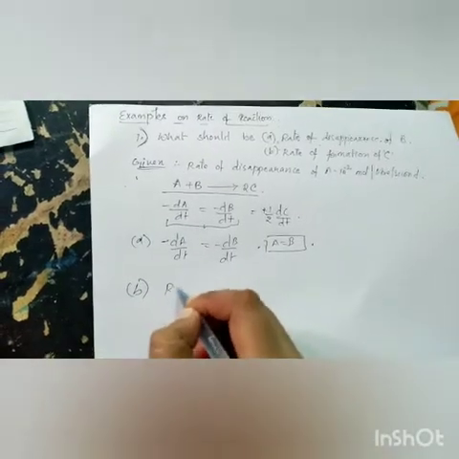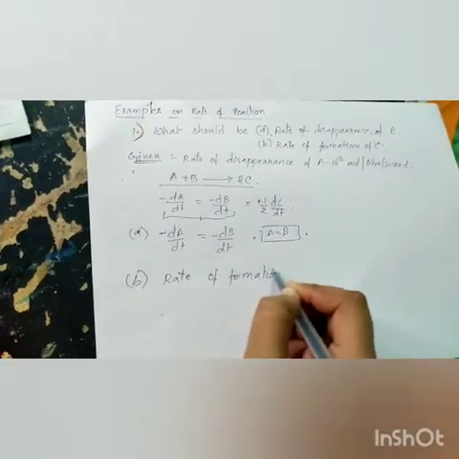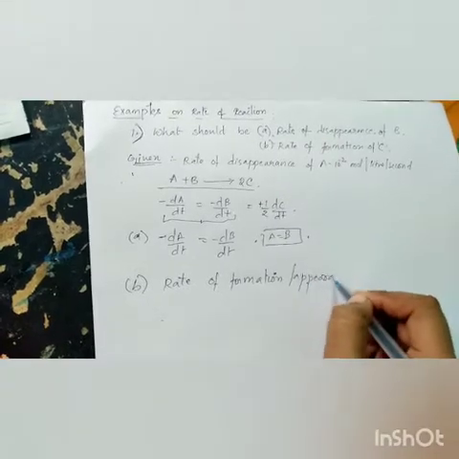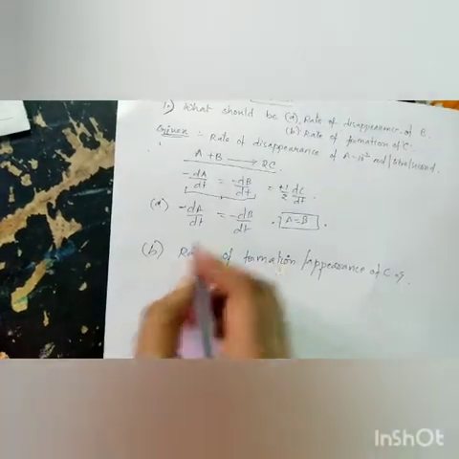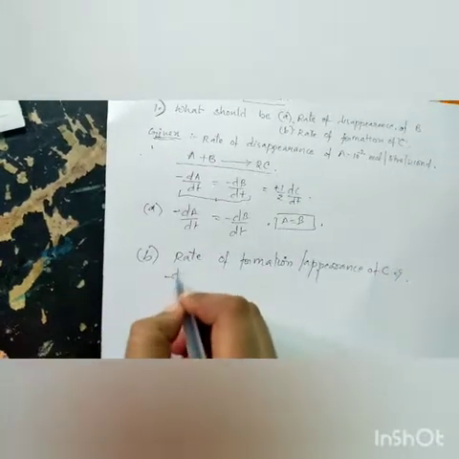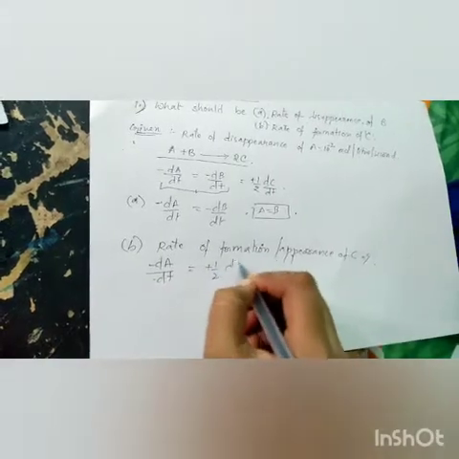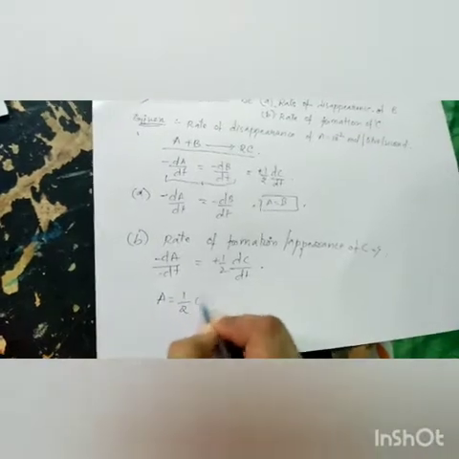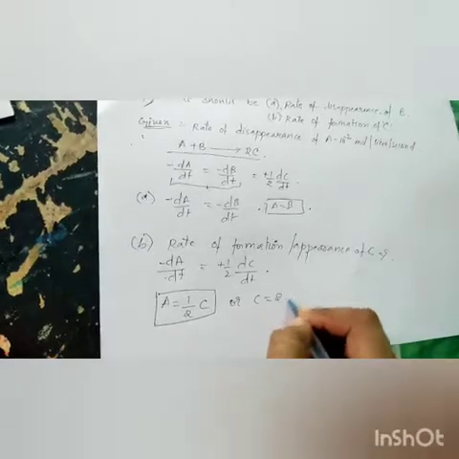Now what's the rate of formation, or you can say appearance, of C? From here, minus dA by dt is equal to half dC by dt, right? So A is equal to half C, or you can write C is equal to 2A.